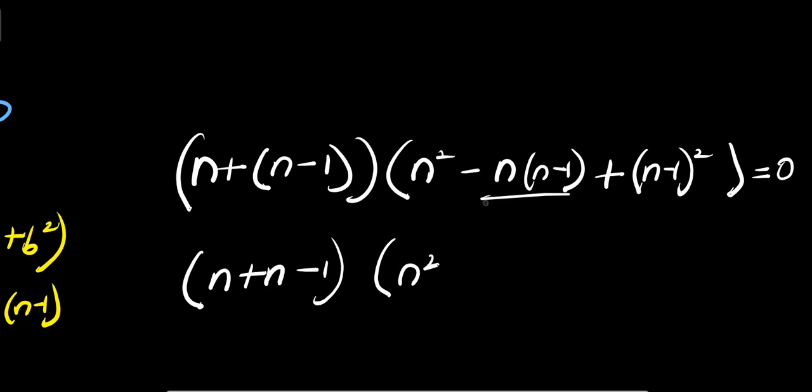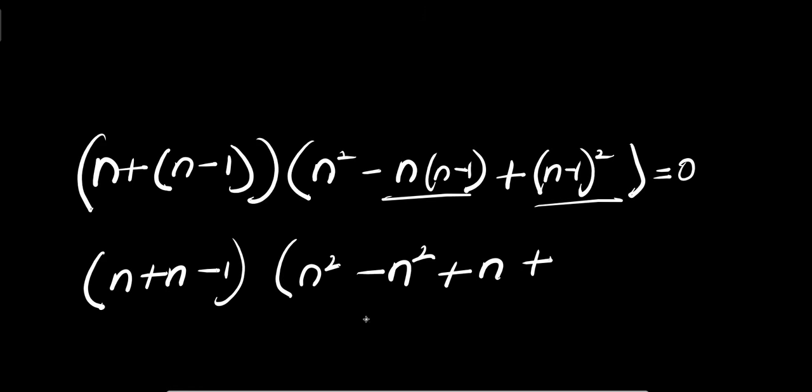Now, we can simply expand this, that is n plus n minus 1 times n squared. Multiply this out, there's a negative here, don't forget that, negative n times n, negative n squared, negative n times negative 1, plus n. Plus if you expand this, remember what we did earlier on, this will give you n squared minus 2n plus 1, and this equals 0.